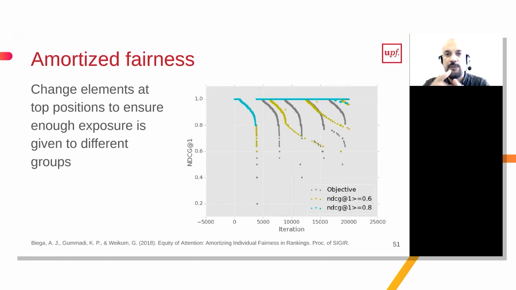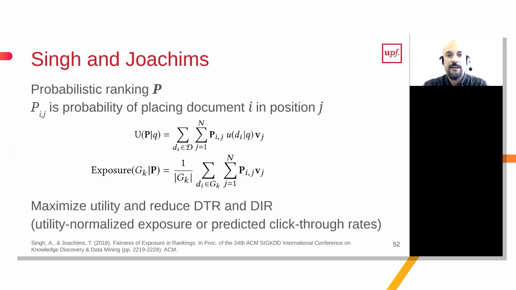You can measure this in an amortized sense, along the day, not necessarily for every query. And when you detect an unfairness, you can change the ranker so that it gives enough exposure to people in any group.